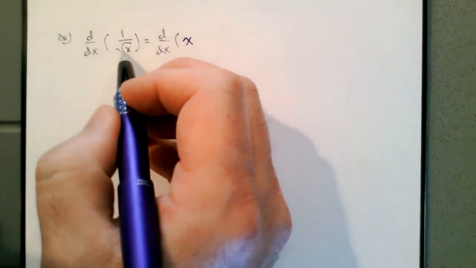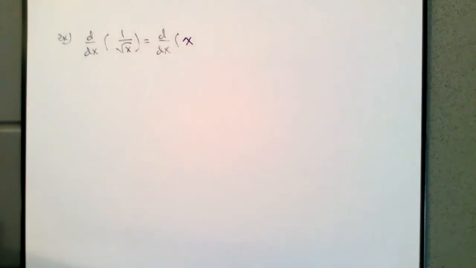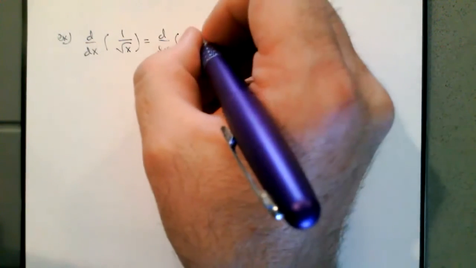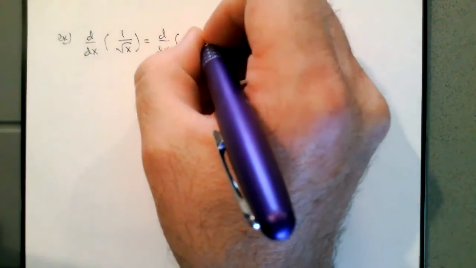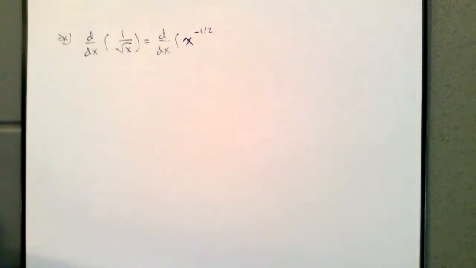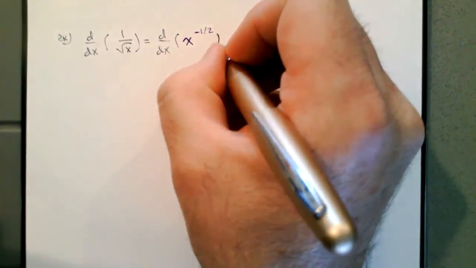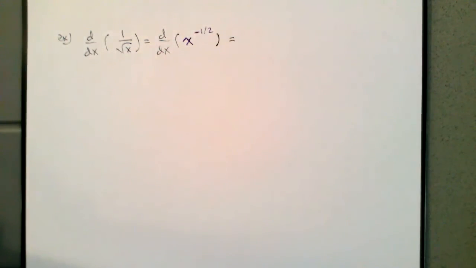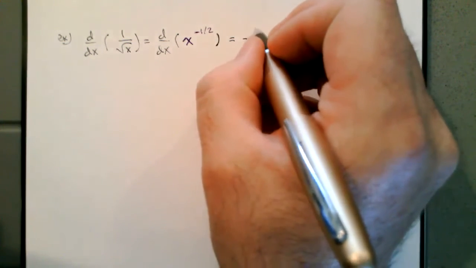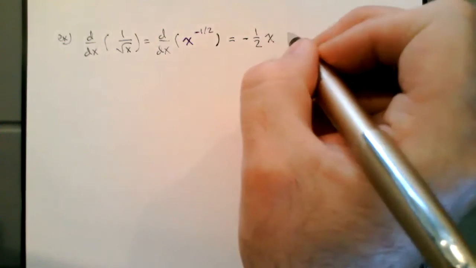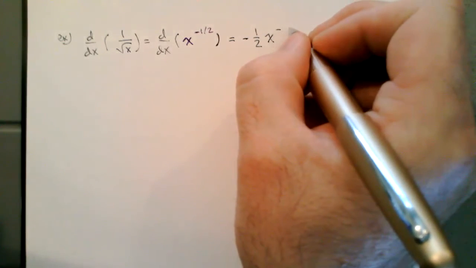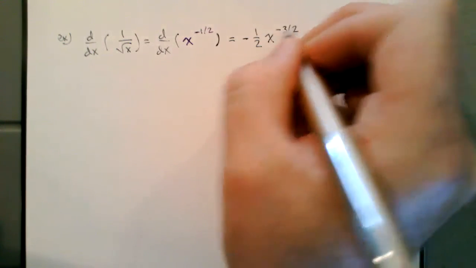It's a square root, so that means a 1/2 exponent, and it's in the denominator, so that means we'll make it negative. So it's going to be an x to the negative 1/2. Our derivative rule is multiply by the exponent, multiply by a negative 1/2, and subtract 1 from the exponents. So negative 1/2 minus 1 is negative 3/2.